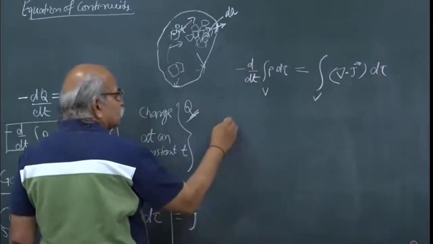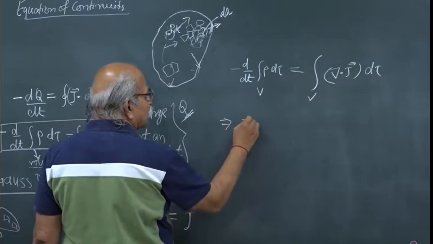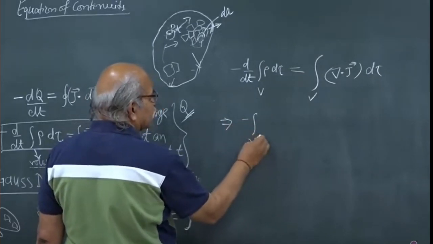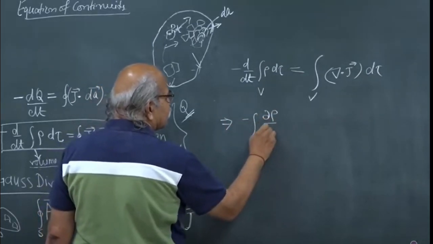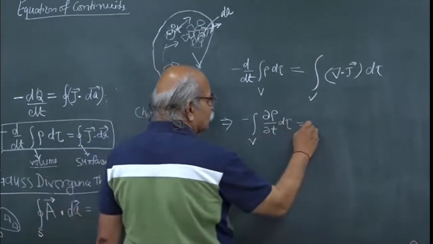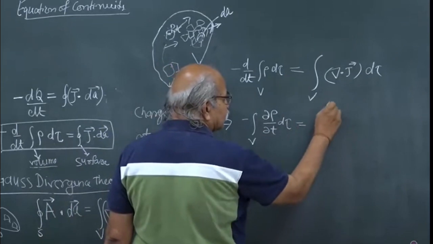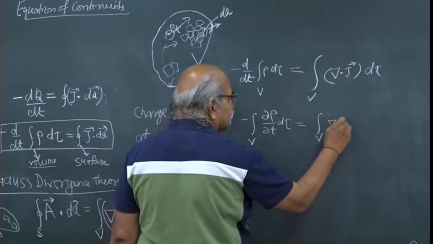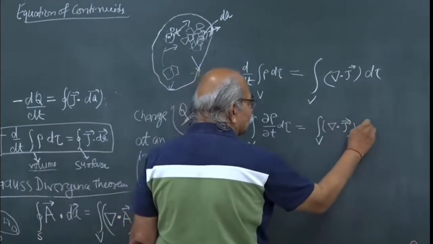So this you can now write as minus the integral over V of del rho del t d tau is equal to the integral over V of the divergence of j d tau.